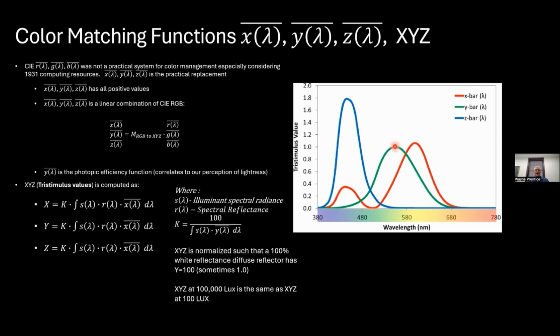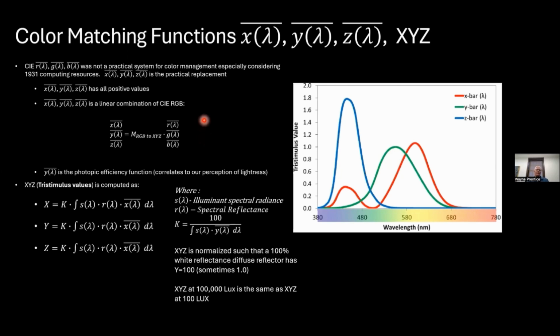So in other words, at around 540, somewhere in there, you need very little light. And as you go out to here, you need twice as much power to get the same perception of lightness, and a quarter as much power, and so on. When you get to the very end here, you need a lot of energy to get the same response for brightness. So that was fixed. That had to be that for Y.